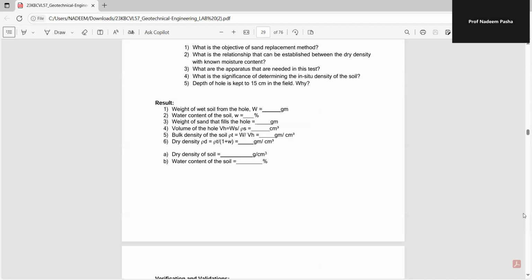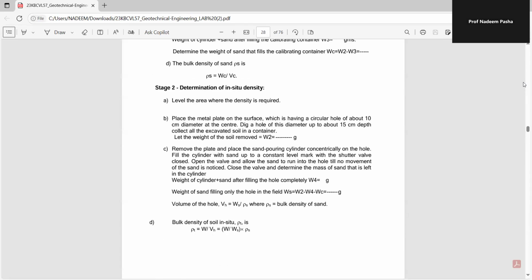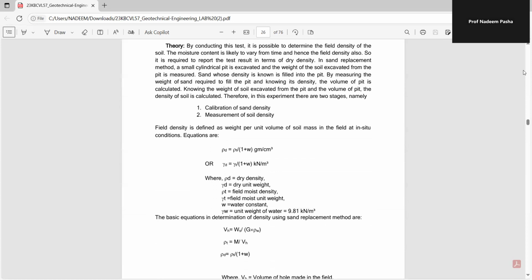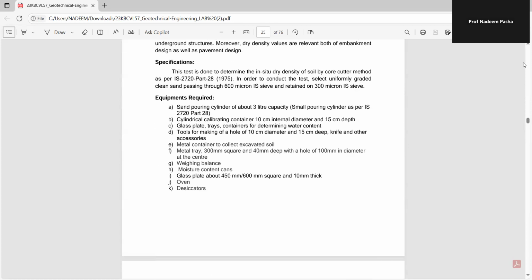Now, what are the apparatus needed in this test? We have already seen the apparatus: sand pouring cylinder, cylindrical calibrating container, glass plate, tools, metal container, metal tray, weighing balance, moisture content cans, oven, and desiccators.